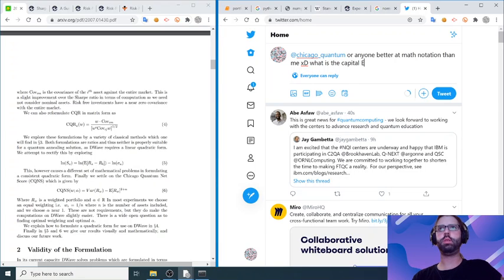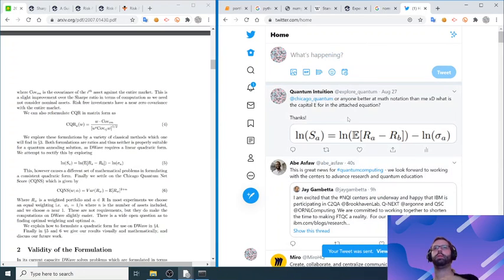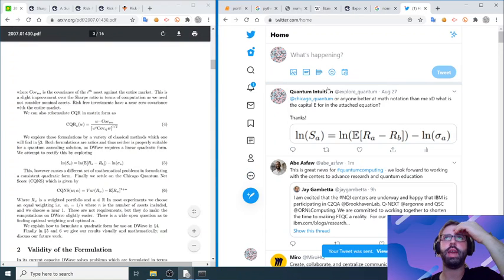In the attached equation, is it the average or what is it?